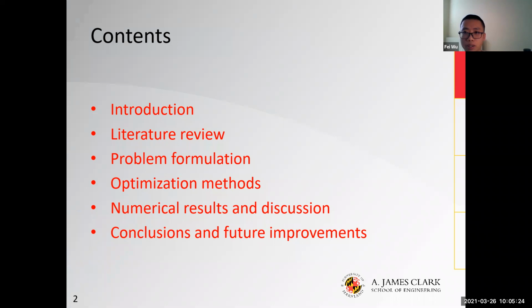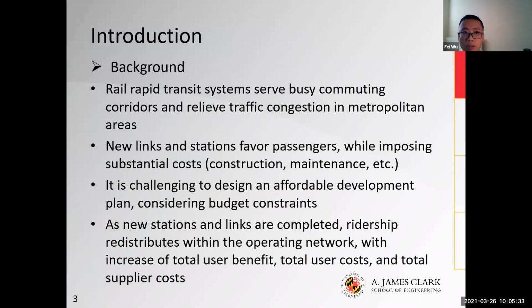So here are the contents of my presentation today. And we can first go to the introduction of our study. So the background of our study is like this. In major cities, there are some rapid transit systems serving the basic commuting corridors, and they can work for relieving the congestions.